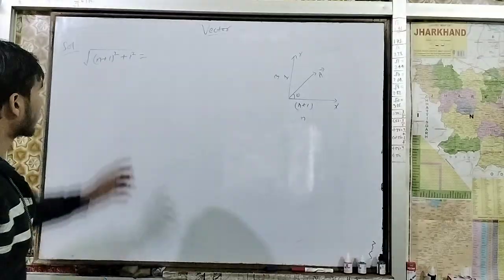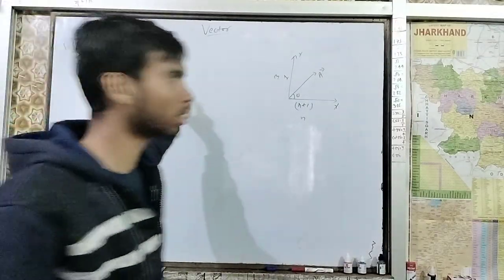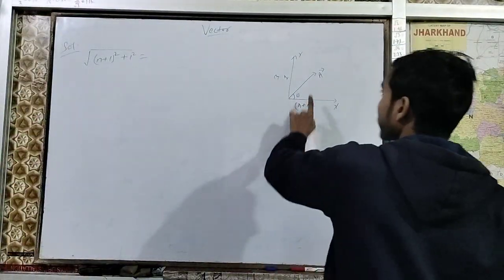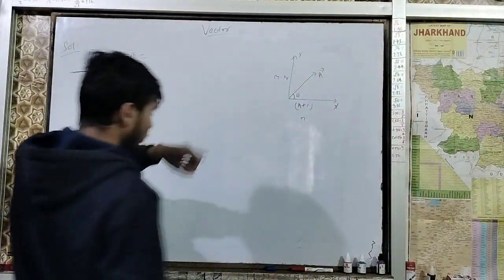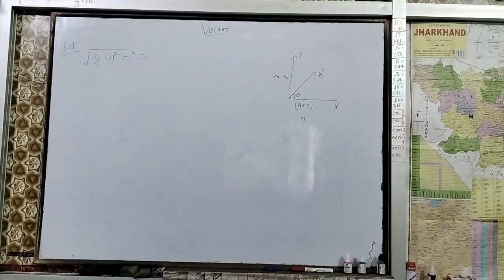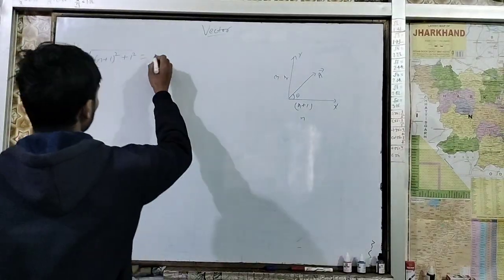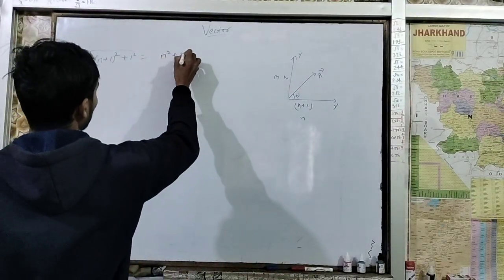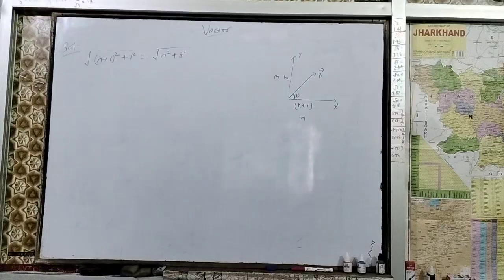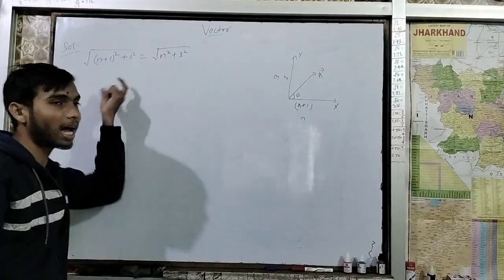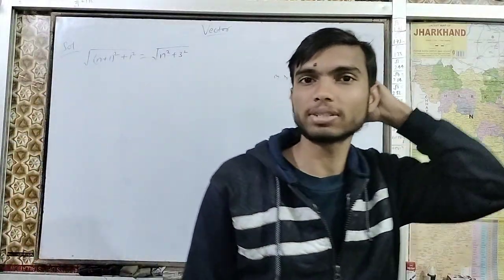This was the initial components. The final components give the square root of n raised to power 2 plus 3 raised to power 2. Now, how did we write this equation?